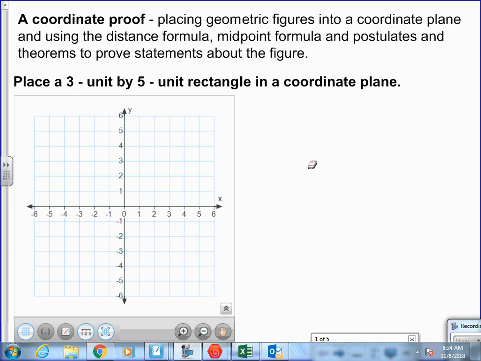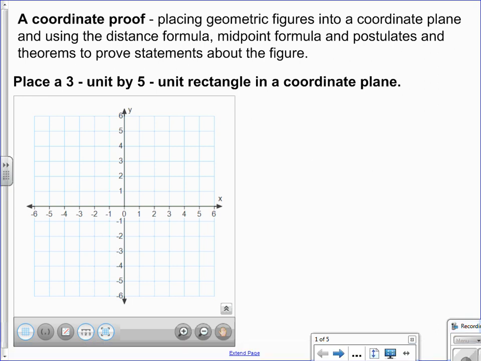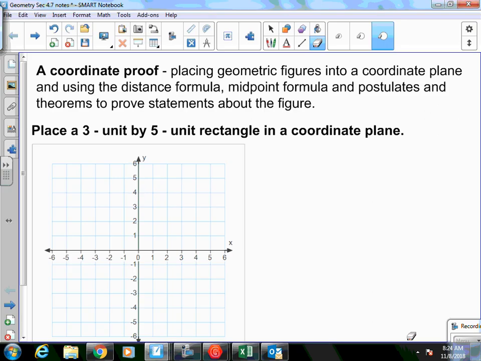All right, so first thing says place a 3-unit by 5-unit rectangle in a coordinate plane. A fairly simple process. So 3-unit by 5-unit doesn't give us any direction as to where to put it.